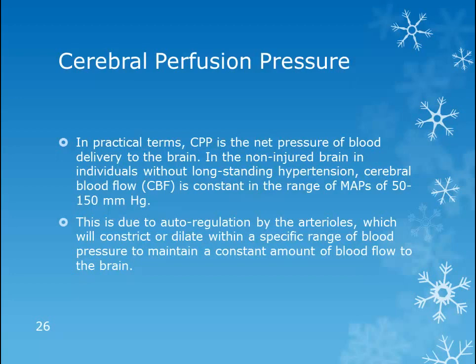In the non-injured brain, in individuals without long-standing hypertension, cerebral blood flow is constant in the range of mean arterial pressure of 50 to 150 millimeters of mercury. This is due to autoregulation by the arterioles, which will constrict or dilate within a specific range of blood pressure to maintain a constant amount of blood flow to the brain.